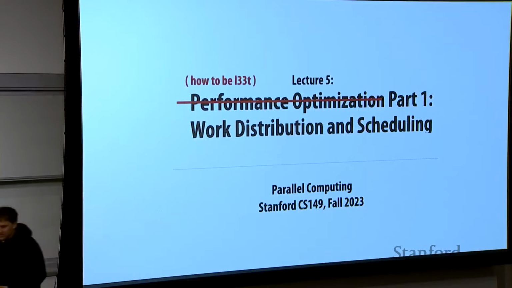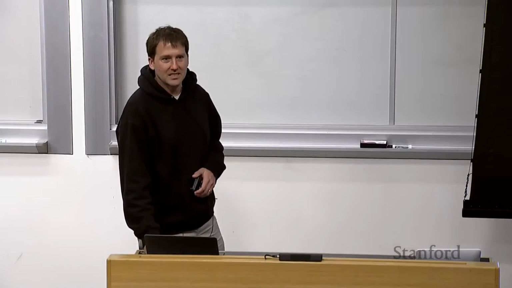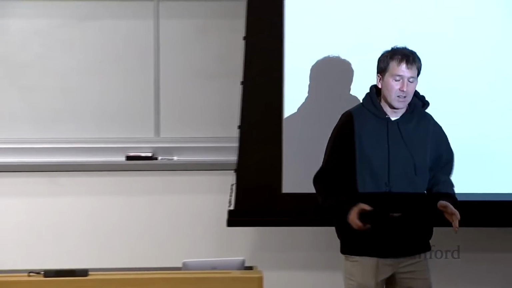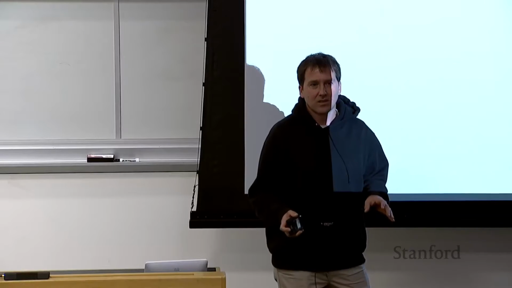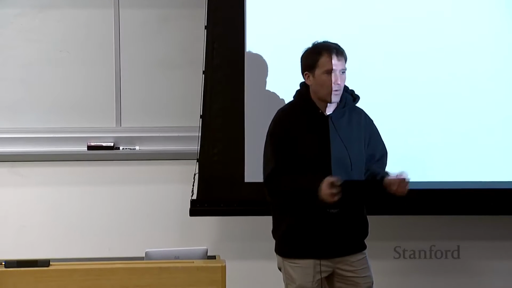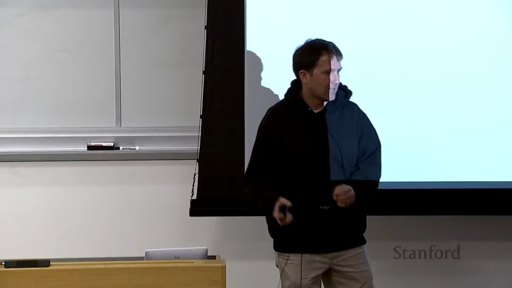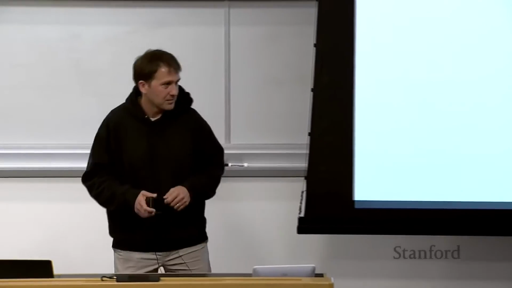So at the beginning of week 3, let's finally start talking about some program optimization techniques. The way this week is going to go is today I want to talk about assignment, or ideas for how to figure out what thread or what worker does each piece of work. So today is going to be about workload assignment and scheduling.